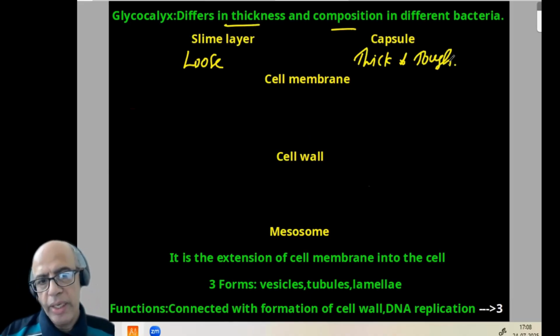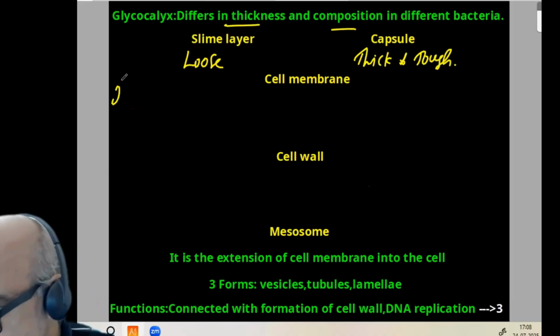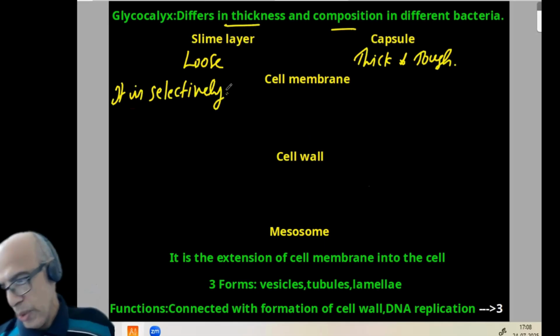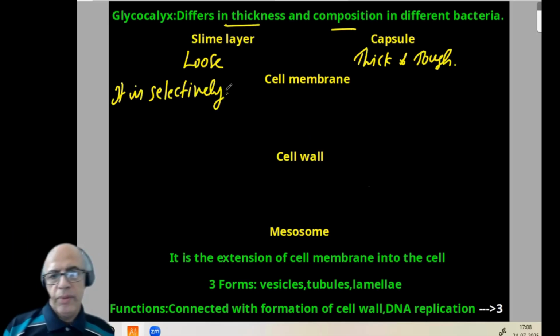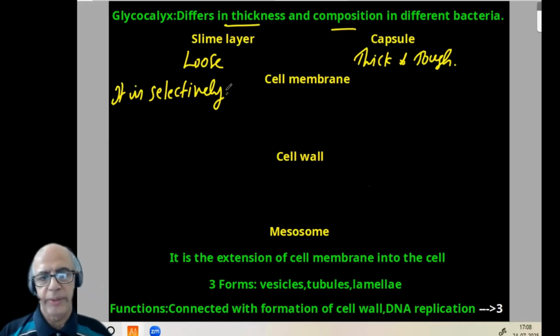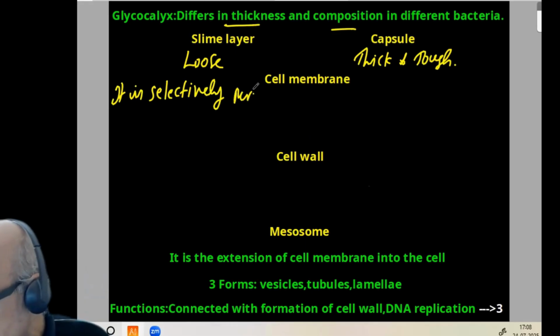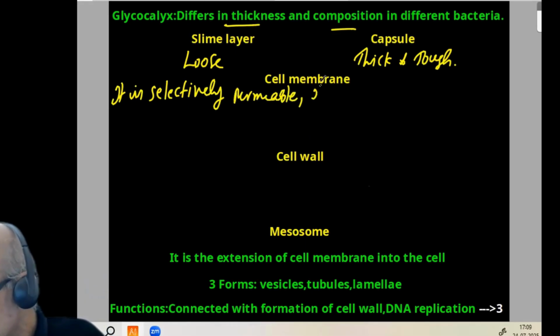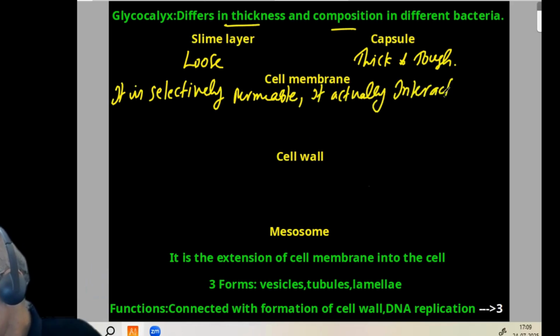Now, inner to the outer layer is the cell membrane. It is selectively permeable. It actually interacts with the outside.